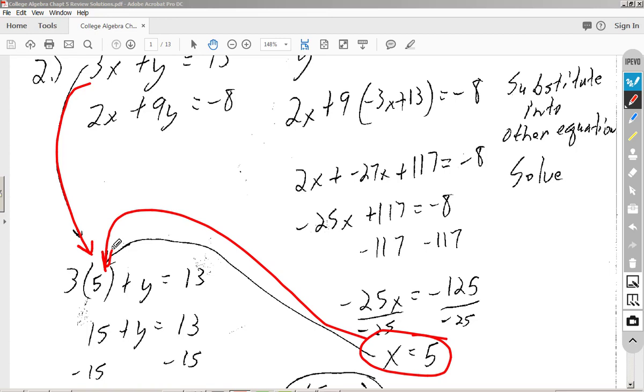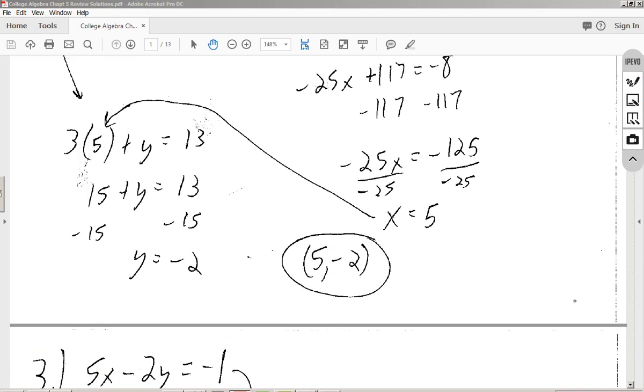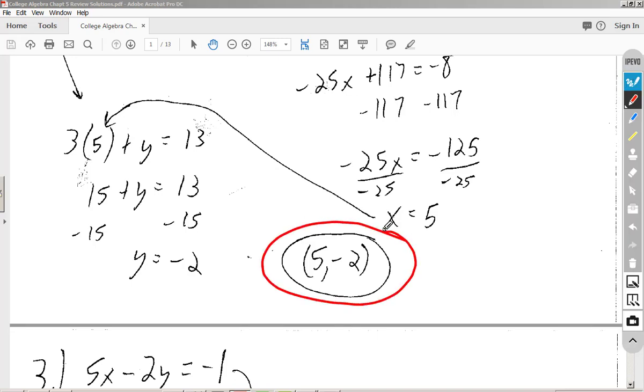So now I have 3 times 5 plus y equals 13. 3 times 5 gives me 15, plus y equals 13. Subtract 15 from both sides, and I get my y value, which is -2. Therefore, my solution to this set of equations is x equals 5 and y equals -2.